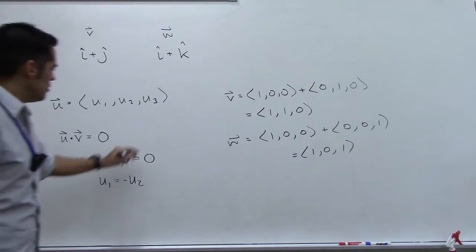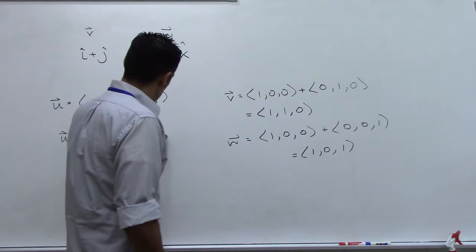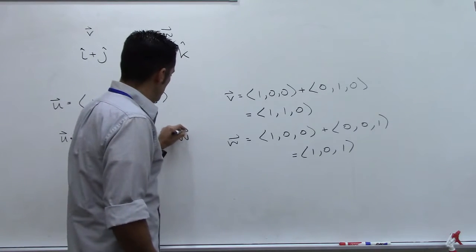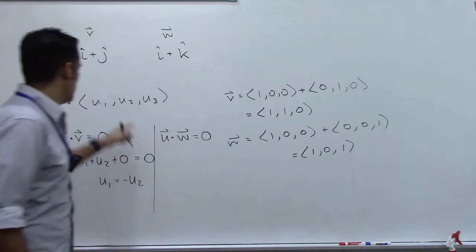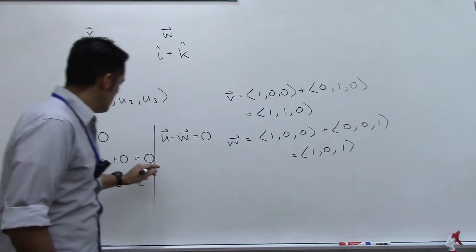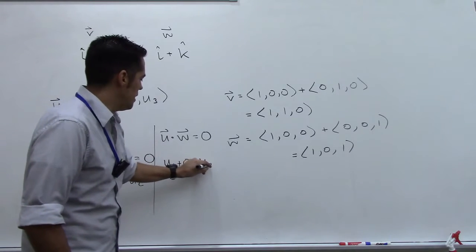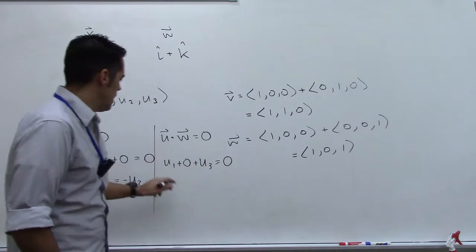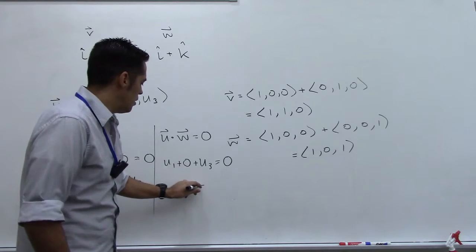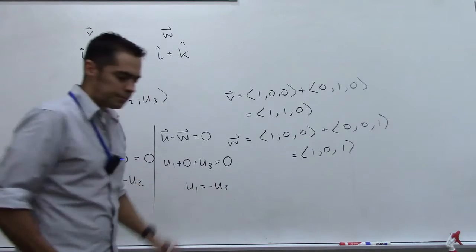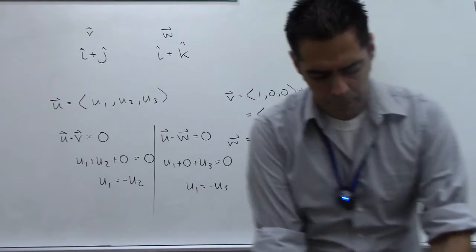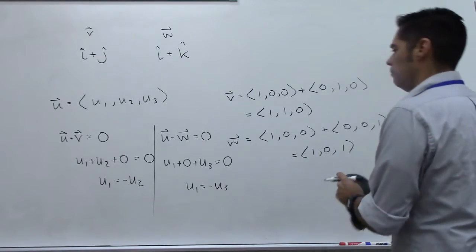All right, I also need that u dotted with w must be 0. So when I dot this with this, I get u1 plus 0 plus u3 must be 0. And solving for u1 again, I get u1 must equal negative u3. All right, so here's what I have so far.